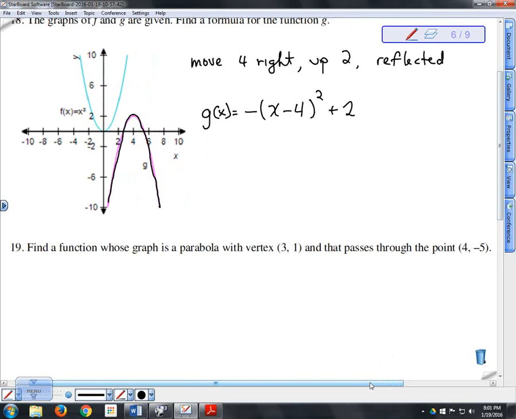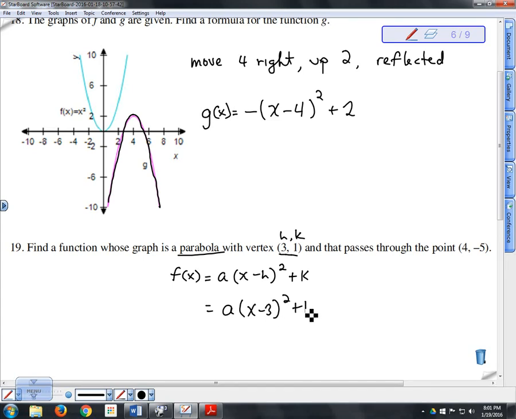Okay, question 19. We need to find a function that's the graph of a parabola with that vertex. Since they've given us the vertex, it would make sense to write the function in vertex or standard form. And the vertex is h comma k, so we're going to have a times x minus 3 squared plus 1.